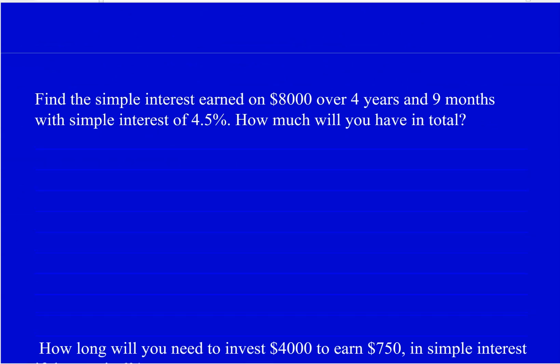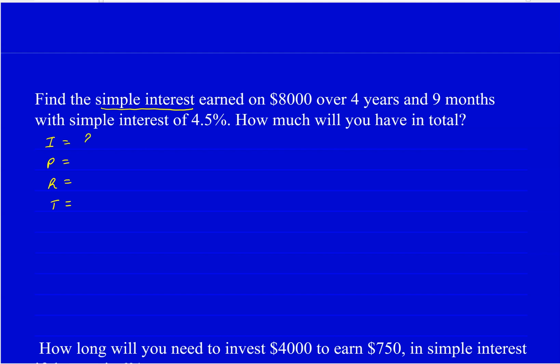As soon as we read the question and we see that it's simple interest, I strongly suggest you pop down I, P, R and T, and you pop down what information you have and what you're trying to find. If we read right at the end, find the simple interest.